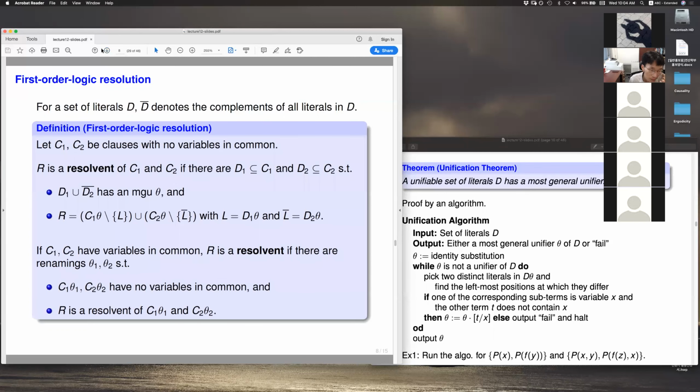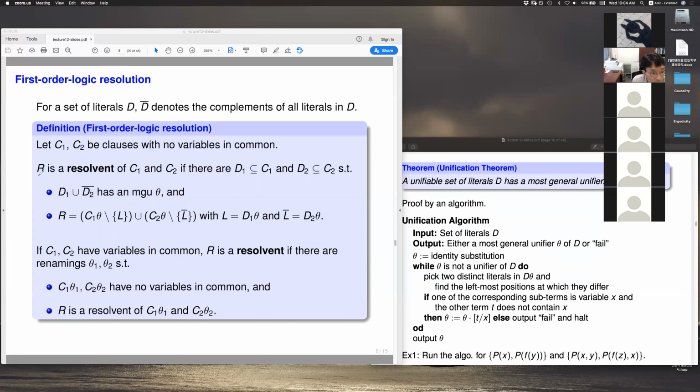This proof step in first order logic resolution is captured by the concept of resolvent. So resolvent is defined this way. If we have C1 and C2, they are first order logic clauses with no shared variable at all.